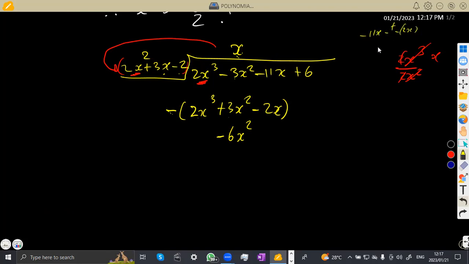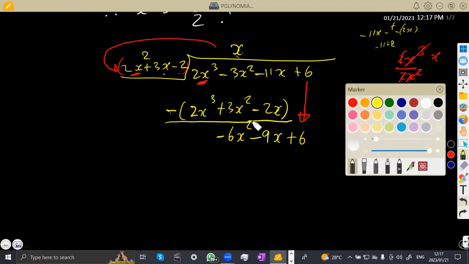And we know that minus 11 plus 2, that's negative 9, so this is going to be negative 9x. Then we are remaining with 6. Remember, the remaining number, we have to drop it down. So you just drop that number, that's a plus 6.